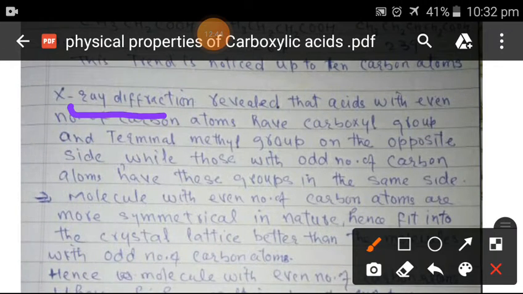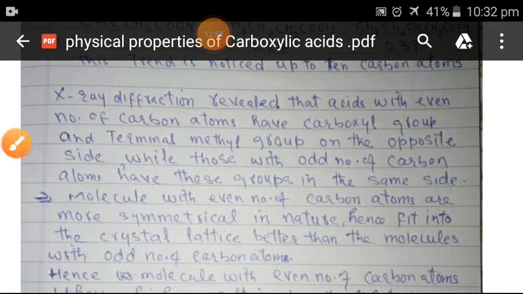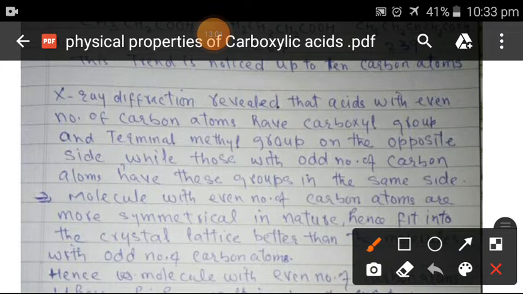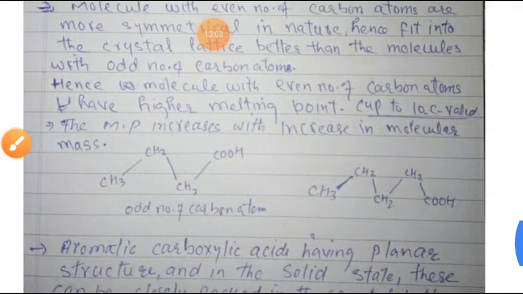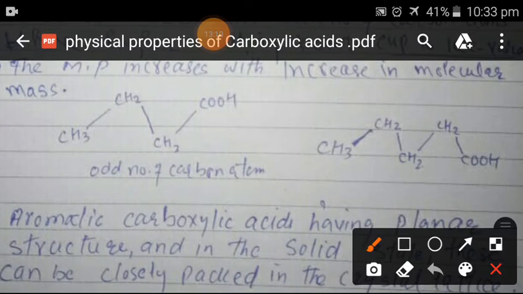From X-ray diffraction studies, it has been revealed that acids with an even number of carbon atoms have the carboxylic group and the terminal methyl group on opposite sides. For example, when we write the zigzag structure of a molecule having an even number of carbon atoms, number of carbon atoms is even.